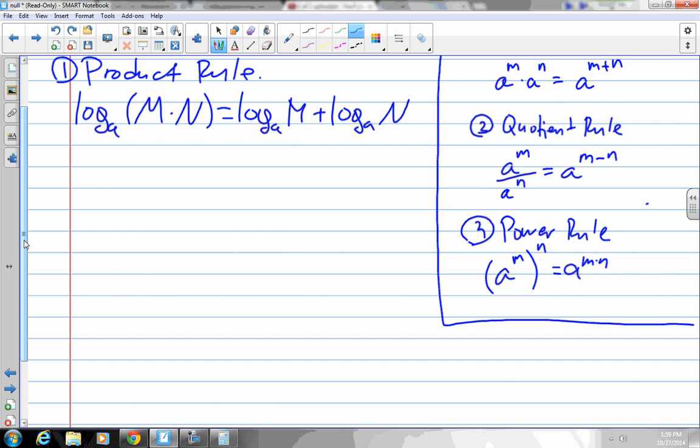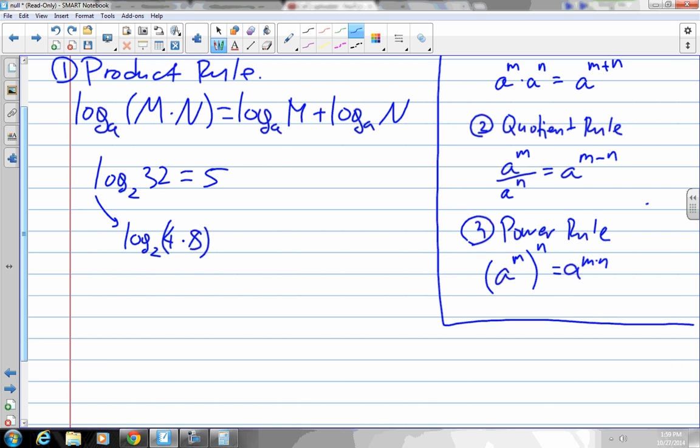Let me demonstrate this rule on a silly numerical example. Log base 2 of 32 is clearly 5, right? 2 to the power 5 equals 32. But let me ask you this. What times what equals 32? Can you break down 32 into a product of two numbers? 8 and 4. So this is the same as log of 4 times 8, right?